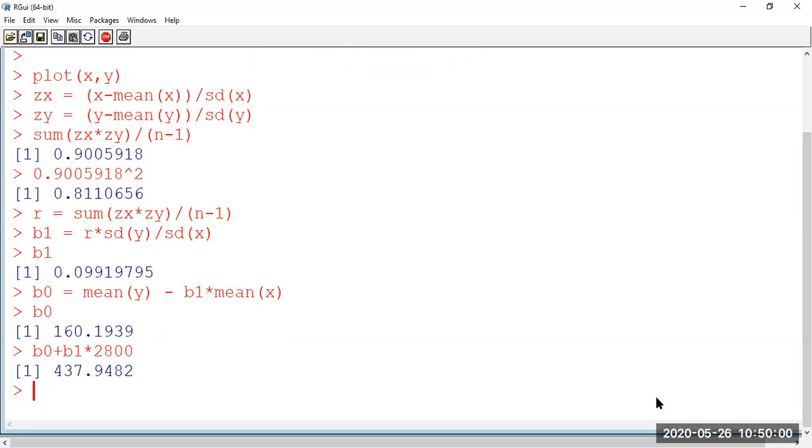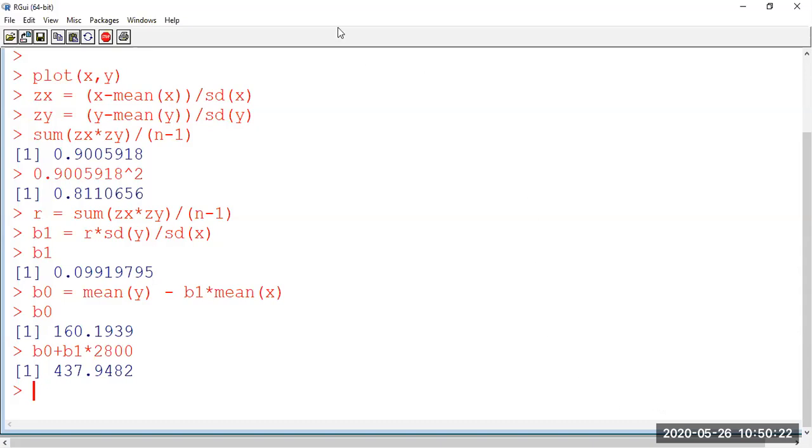So y hat is going to be 47.9482, but be careful, this is in thousands, so you need to report $437,948.2 for the selling price of the house.